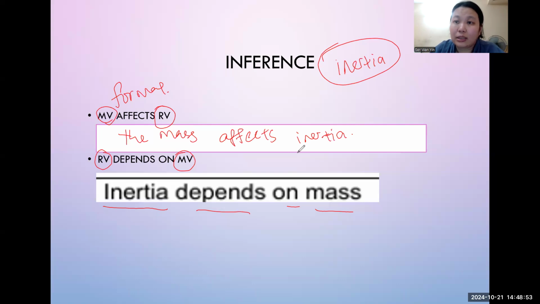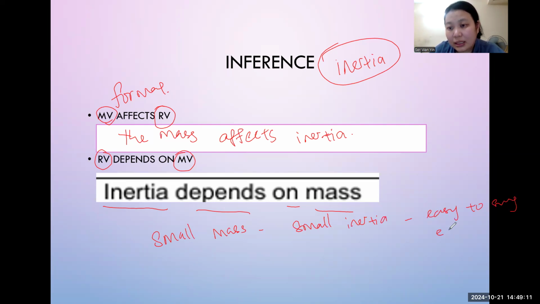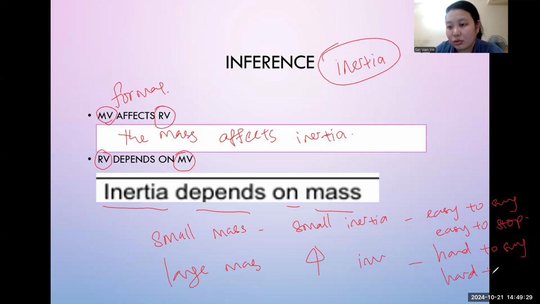Big mass means big inertia, hard to move, hard to stop. Small mass means small inertia, easy to swing, easy to stop. So large mass means large inertia, hard to swing, hard to stop.